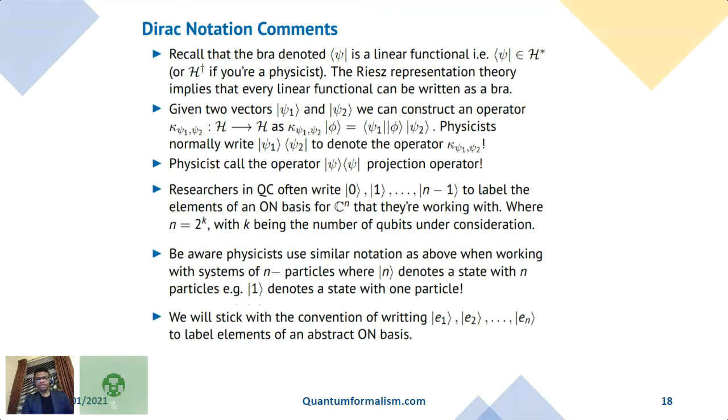Now physicists, instead of writing this, which is a bit ugly frankly, this is what they write. When you see physicists write this, what they mean is this operator here, okay? And when psi1 and psi2 are equal, which is the case here, this is what they call a projection operator.